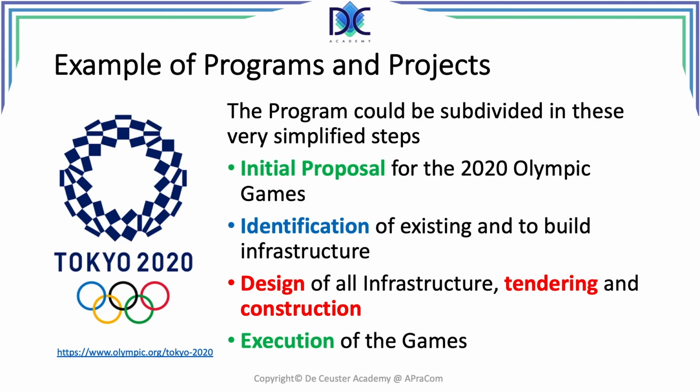At the end of the design, when everything is approved, they send out tenders and can start with the construction. And the last step of this program is the execution itself of the games, but for that we still have to wait till the year 2020.